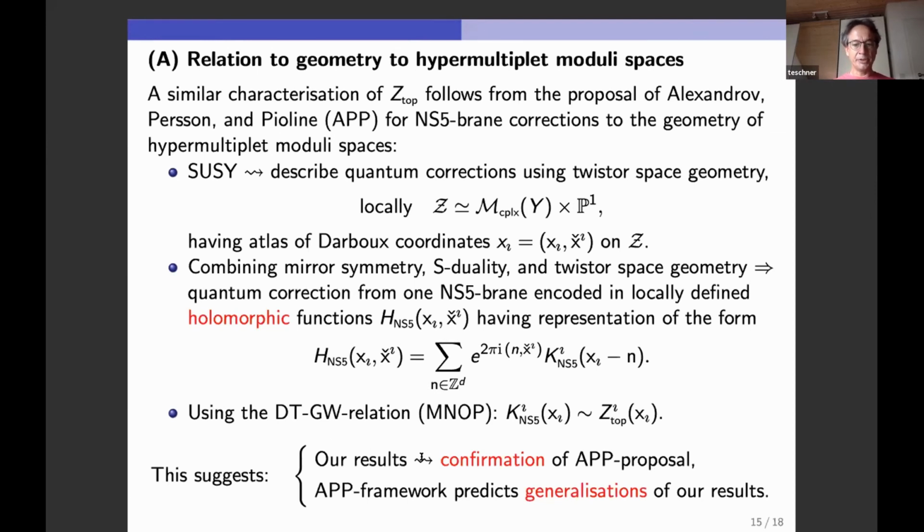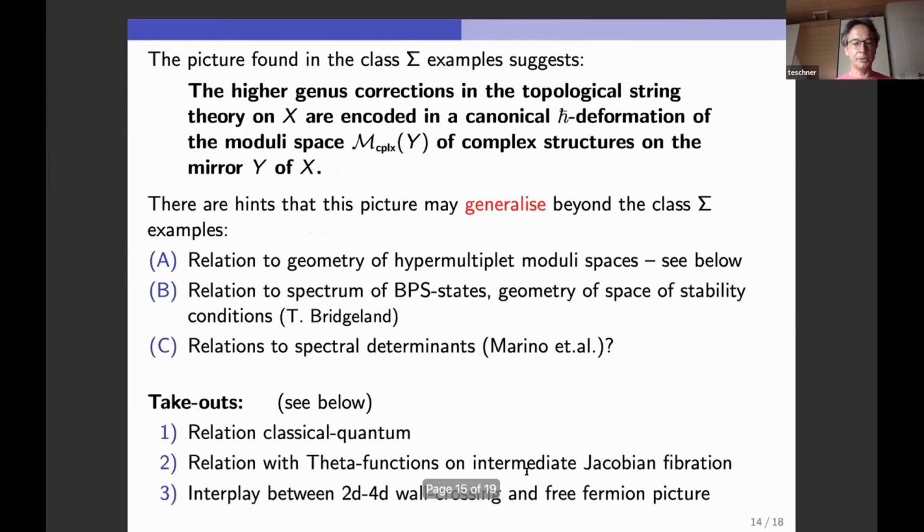I think at the very least our results can be taken as a confirmation of this proposal in an interesting class of examples. And from our point of view, I would take the relation to this APP framework as a hint that there's a good chance that this picture generalizes beyond the class of examples we've studied. And maybe here I shall stop and thank you for your attention.